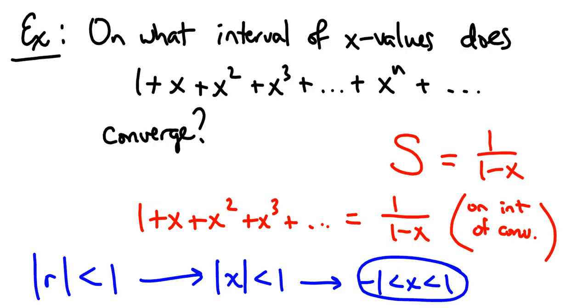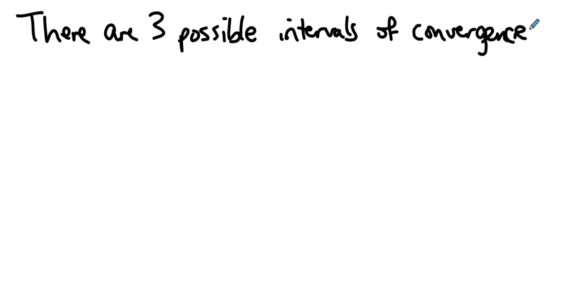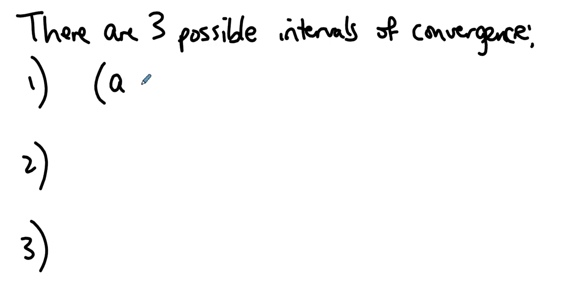So there are three possible intervals of convergence. Sometimes the interval of convergence goes from the center to some value on its left, and then up to a point from the center to some value on its right.